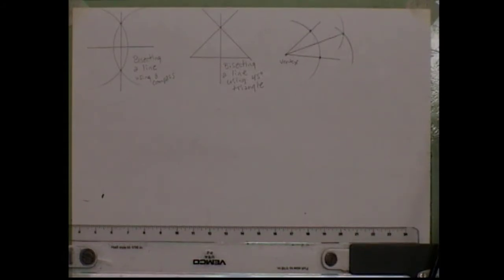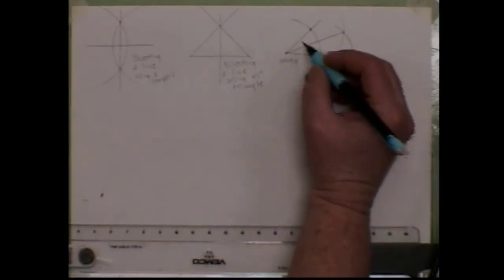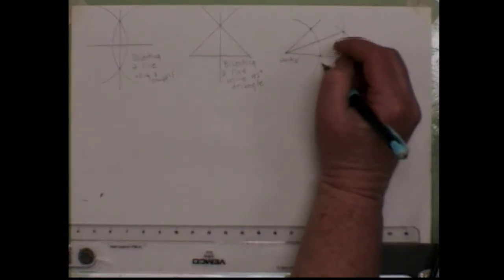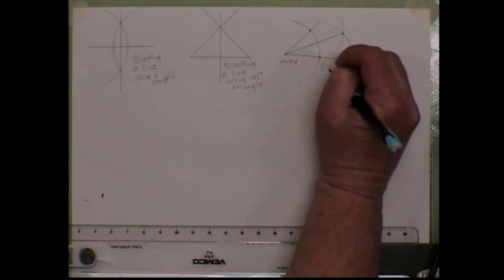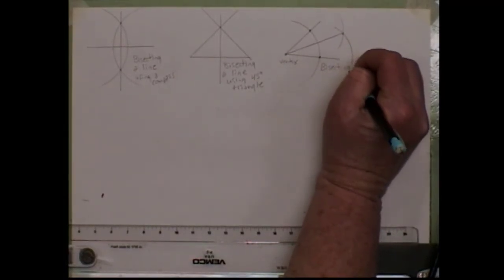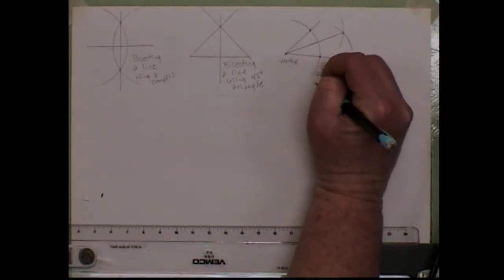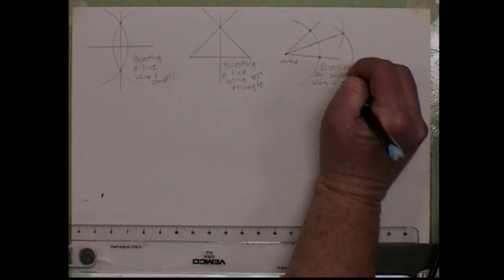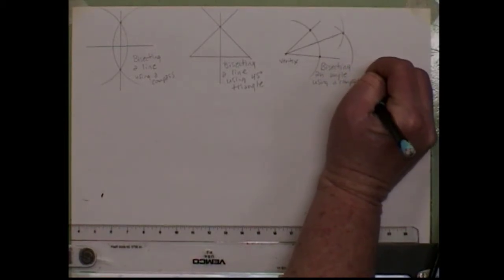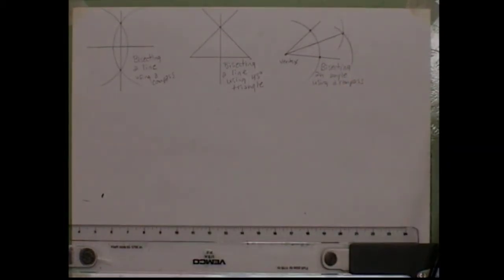So we just cut that angle into 2 equal pieces. So now this angle is equal to this angle. So we bisected an angle using a compass.